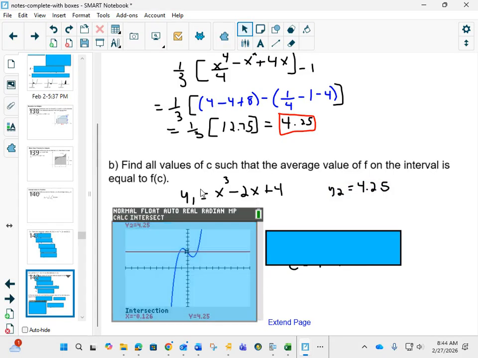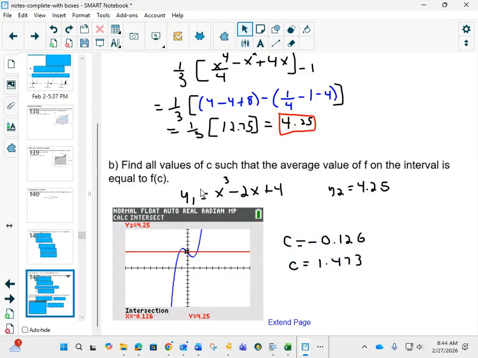If we graph our function, 4.25 was our average, and between -1 and 2, you can see that it hits more than once. It hits at -0.126. It also hits at 1.473. It also would intersect here at -1.3-ish, but that's outside of our original interval. We were looking between -1 and 2.